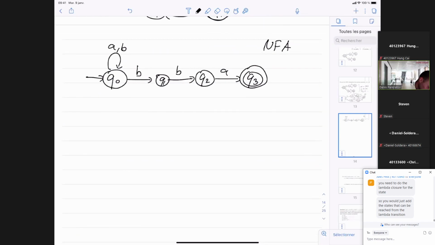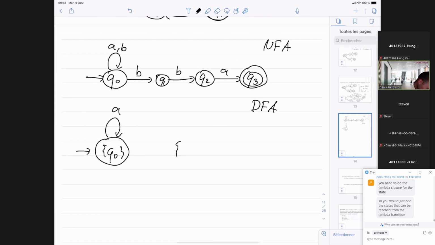So when we convert it to a DFA, we start out by considering what happens in the initial state, the state Q0. If we see A, we just go back to Q0 only. But if you see B, it can go to Q0 or Q1.